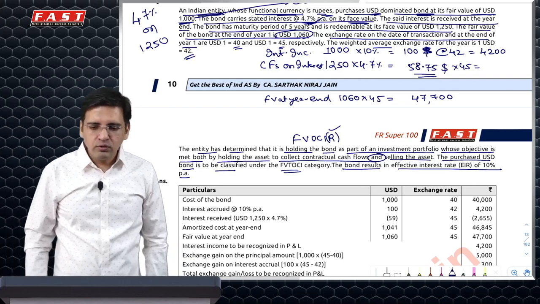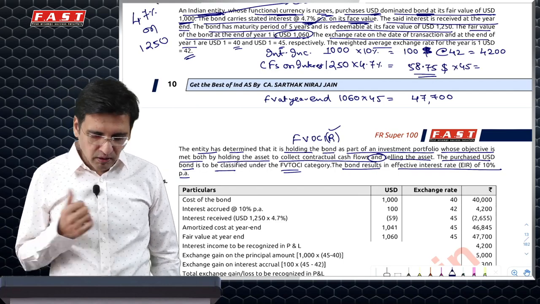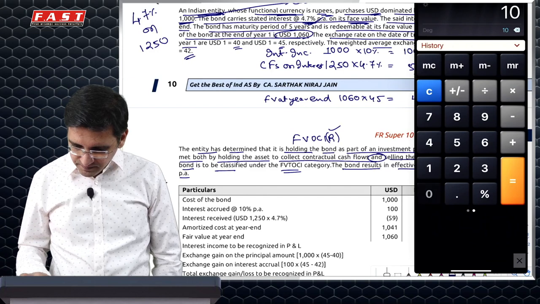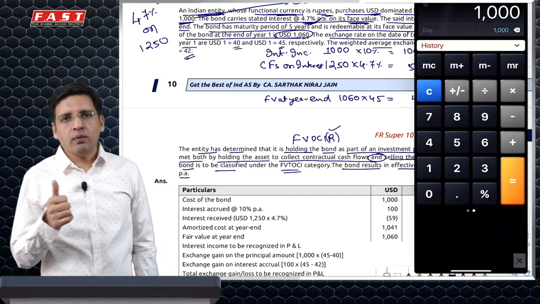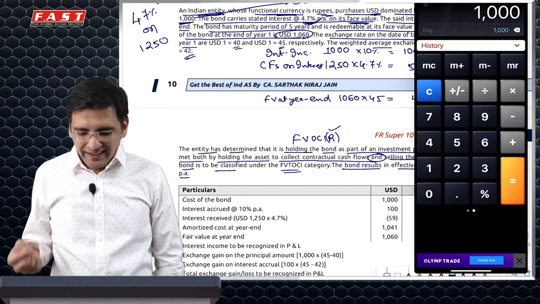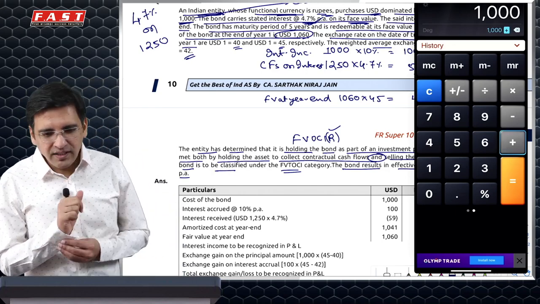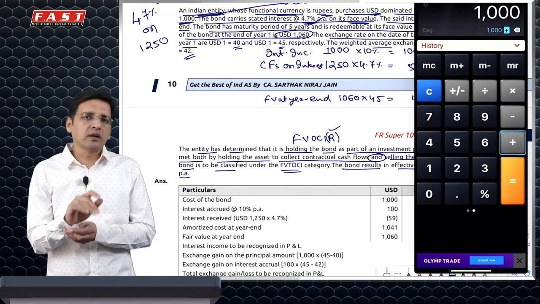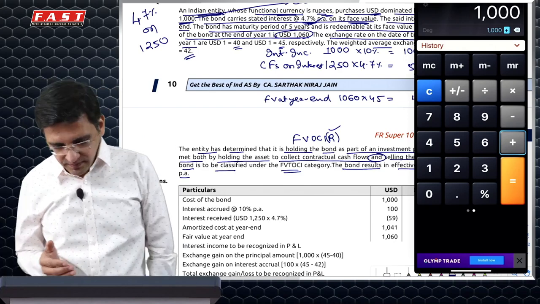So ideally what we can simply say is that you bought the bond at $1,000. In this, ideally your interest income should have been how much? If I was recognizing this particular transaction only in dollar terms, I would have said that $1,000 was my cost.